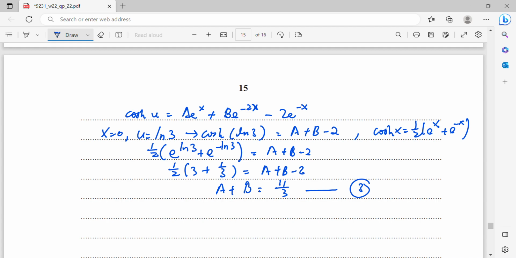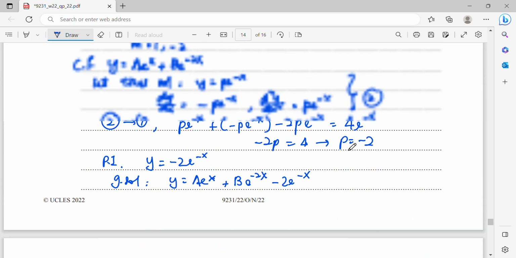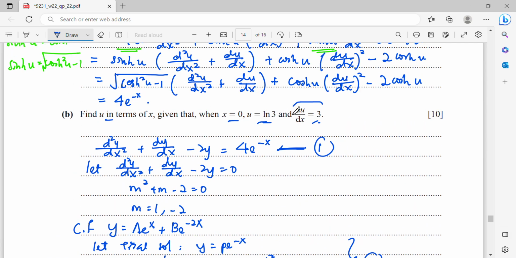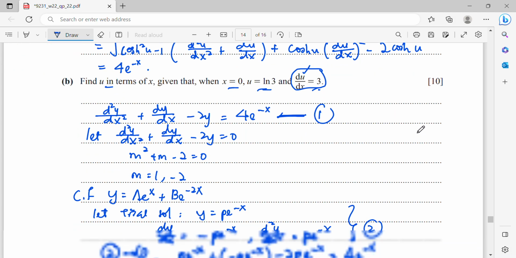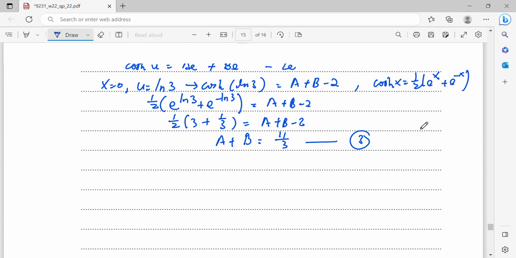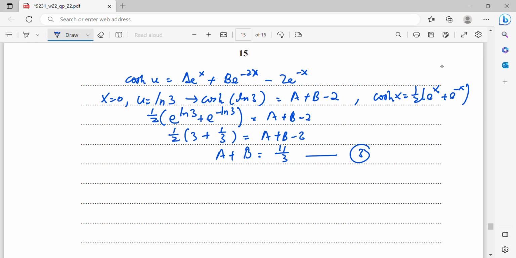Alright, so now, just now you were given three values, x, u, and du/dx. Therefore, I need to differentiate first. Differentiate the u with respect to x before I apply this value. So you refer to the cos u.